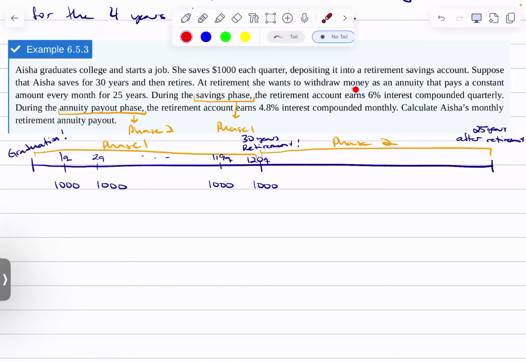In phase two, she wants to withdraw money at a constant amount every month for 25 years. And so in phase two, we've got 1 month, 2 months, and for 25 years, there are 300 months that she's going to get payments for. Now, we don't know these payment amounts, that's our job. We want to find these payment amounts, but I am just going to write M to show that that's what I'm going to solve for.